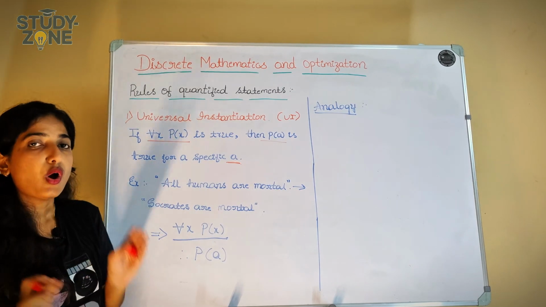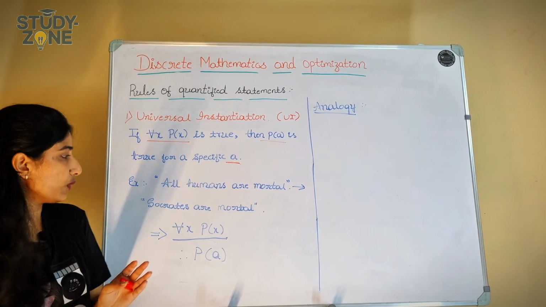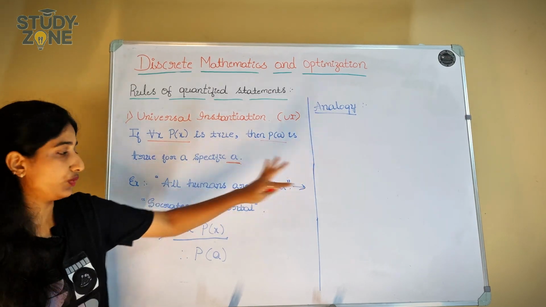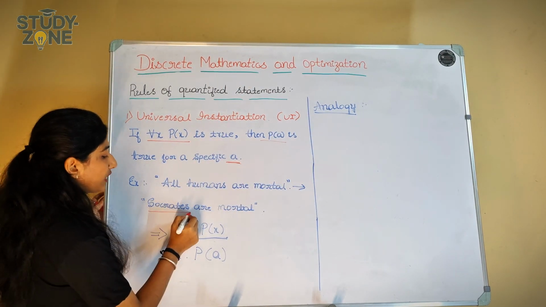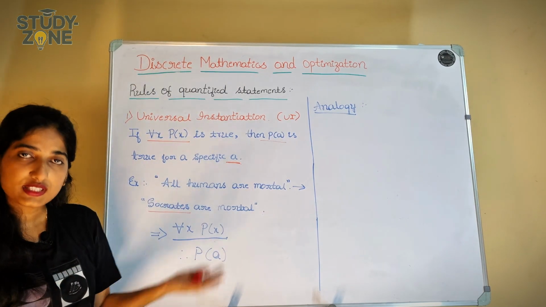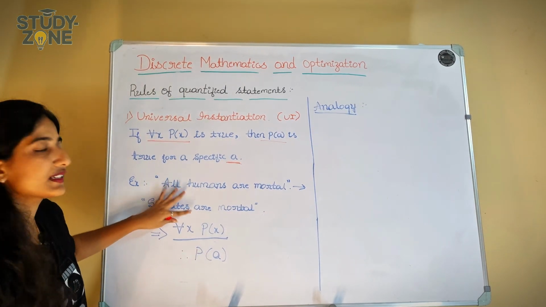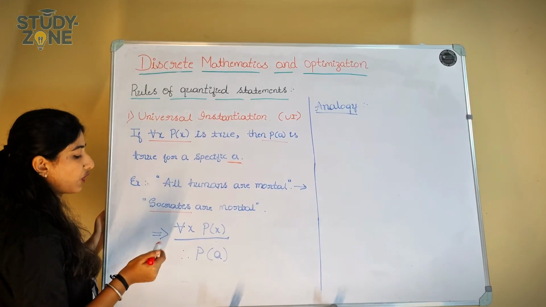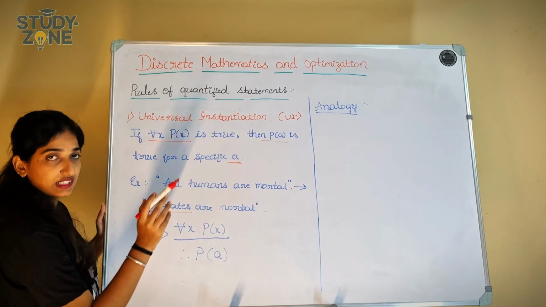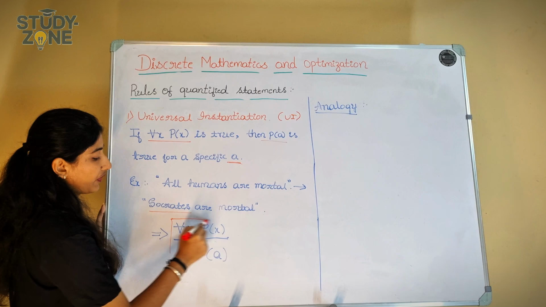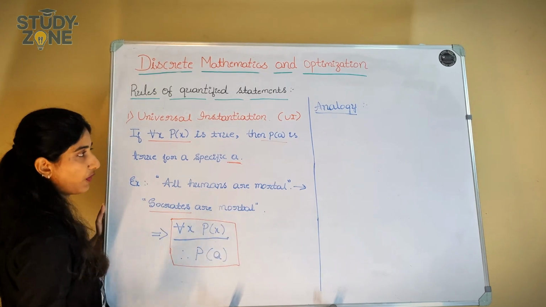Now, if all humans are mortal, then it is true that Socrates is mortal, right? Socrates is one type of human being. So if all humans are mortal, then Socrates must be mortal. We can denote it as: for all x, P of x is true, then P of a is true. For all x, P of x, therefore P of a.